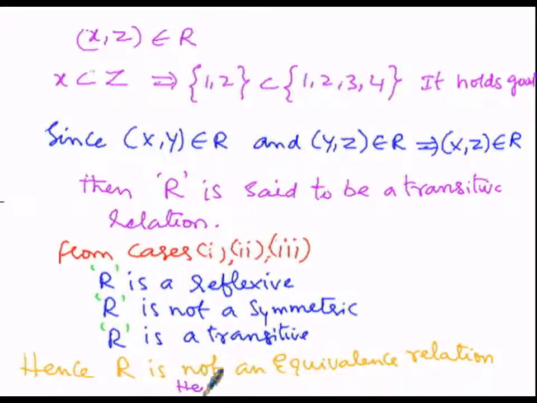So hence it is proved. Since one of the relations, that is R, is not symmetric, therefore the relation R, which is a subset of, is not an equivalence relation.